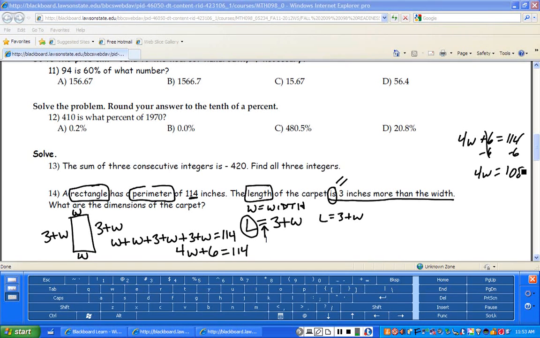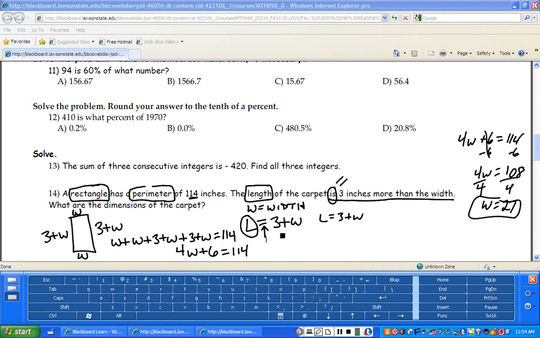Okay. So now divide both sides by 4, and you have W equals 108 divided by 4 equals 27. So your width is 27. Now, width is 27. So there's one of the dimensions, the width. The other dimension we said is length.